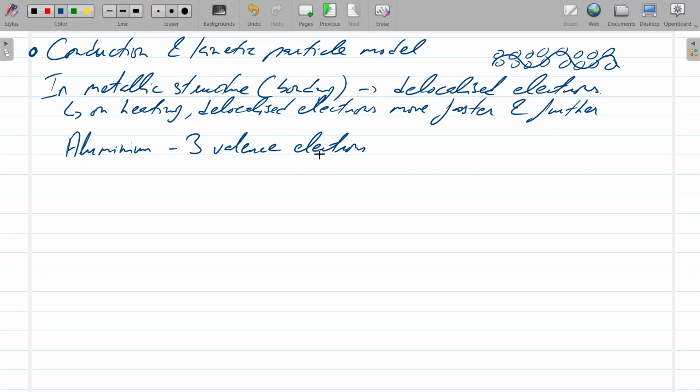So aluminium has three valence electrons, and I won't go into chemistry. Let's just keep it simple: it has three electrons in its outermost shell. In the structure of aluminium, which hasn't bonded or made a compound, these three electrons from each atom become delocalized, meaning they're moving about between all the aluminium atoms.